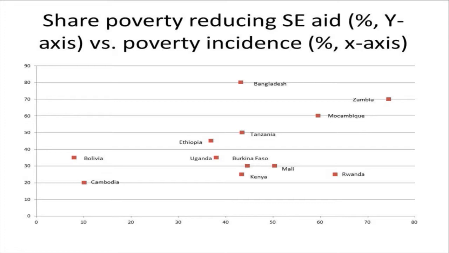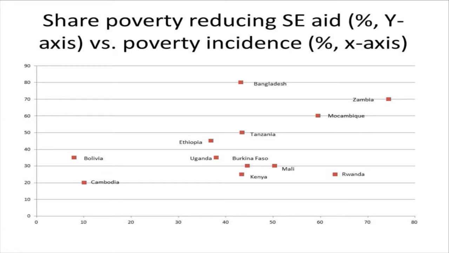it varies a lot. You could, with goodwill, put in a line there and see some correlation, but basically, take a look at the x-axis where you see the incidence of poverty, which came from the previous table.